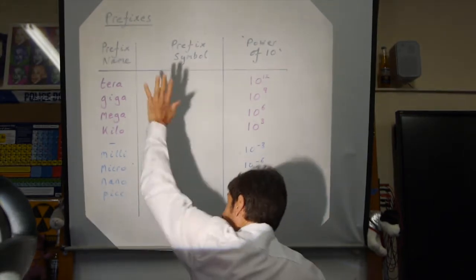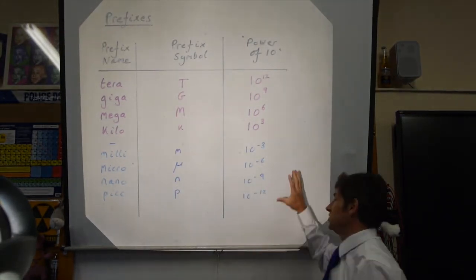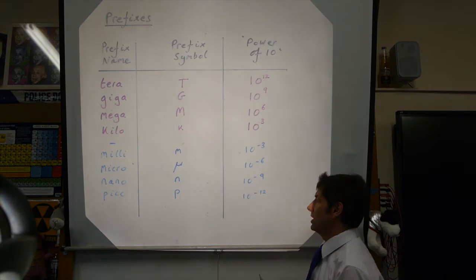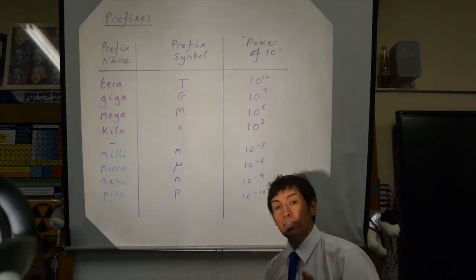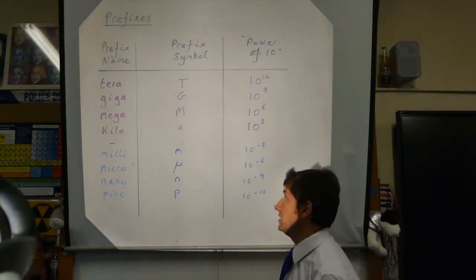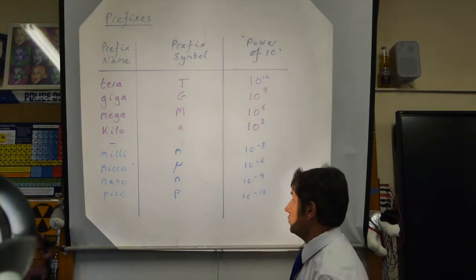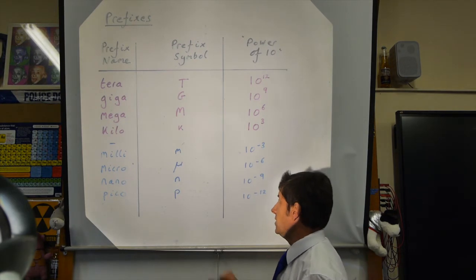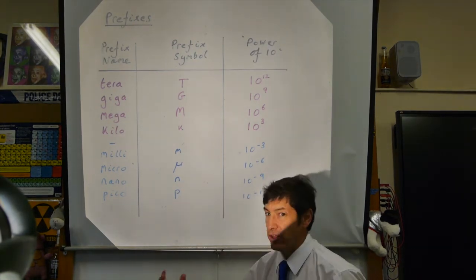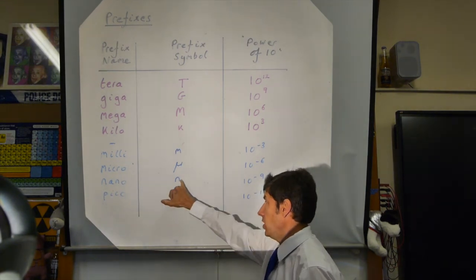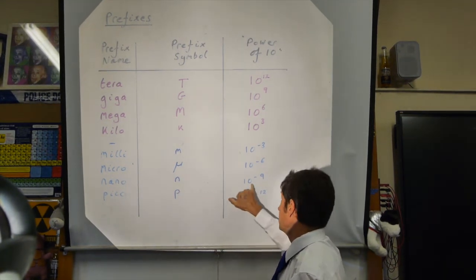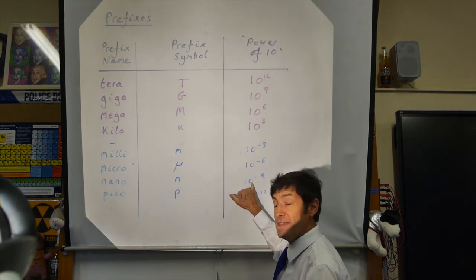There are other prefixes, but I'm trying not to do all of them today, just the ones you'll come across a lot at A level. You need to know these off by heart. So as soon as you see 200 nanometers, you immediately know that in meters, that is 200 times 10 to the minus 9 meters.